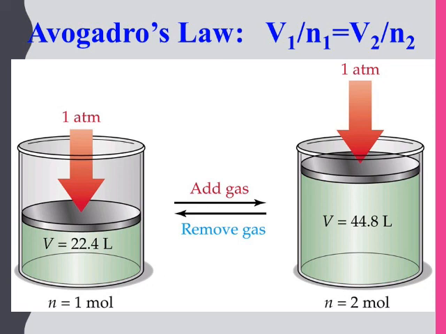If you decrease the number of moles, the volume will decrease. If you increase the volume, the moles will also increase. If you decrease the volume, the moles will also decrease. So just remember, if volume increases, moles also increase, and vice versa.